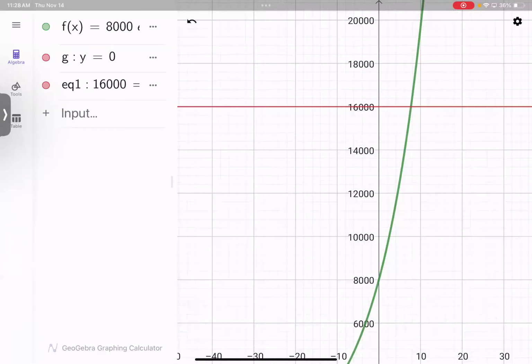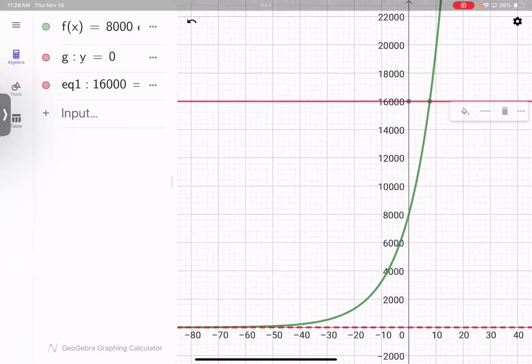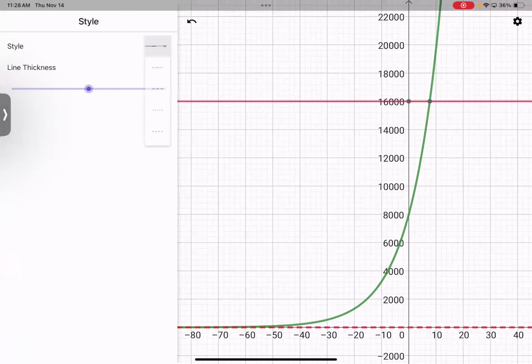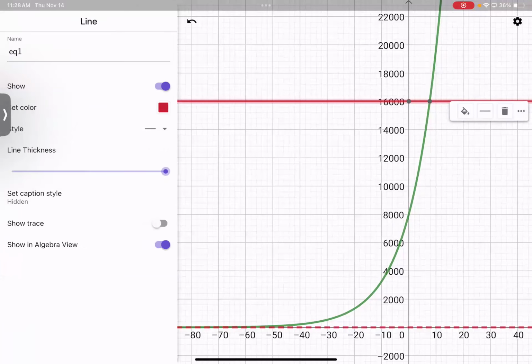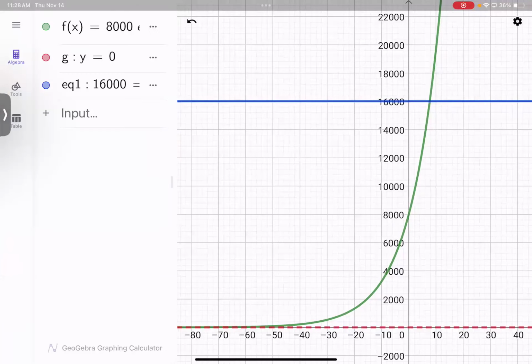How many times does that horizontal line that I just drew here in blue cross my graph? And so how many solutions will we have then for when the amount makes 16,000? One solution. We can have the confidence that there's only one solution now. Does everyone see that?